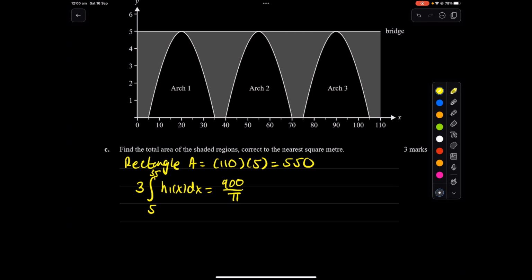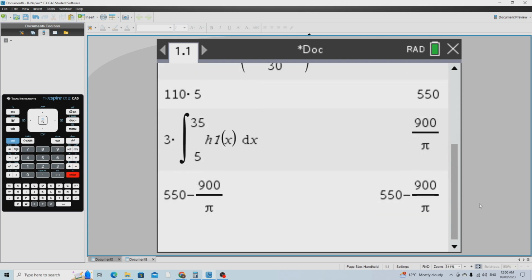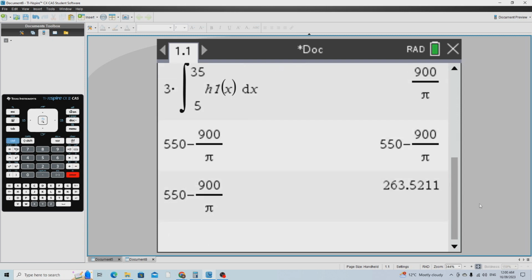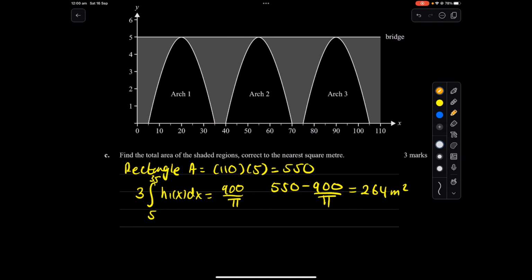And we can say, so what's 550 minus 900 over pi? Okay, let's do that, and to the nearest square meter, this would be 264 meters squared. Have I done everything right? Find total, so I've multiplied that by 3. Yeah, should be good. I hope that's right.